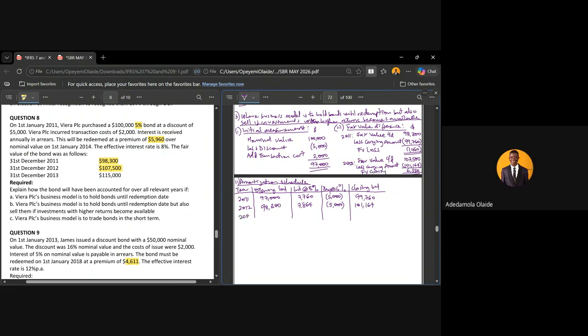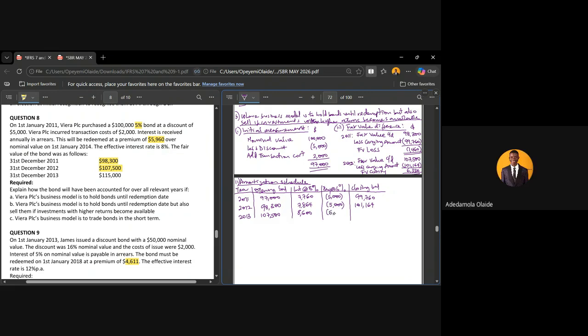Then 2013, we start the year with 107,500 because that's the fair value now. Interest at 8% will be 8,600.